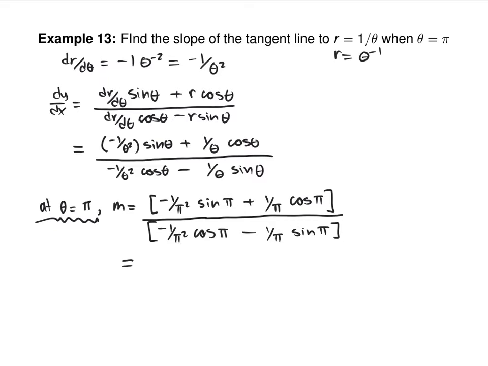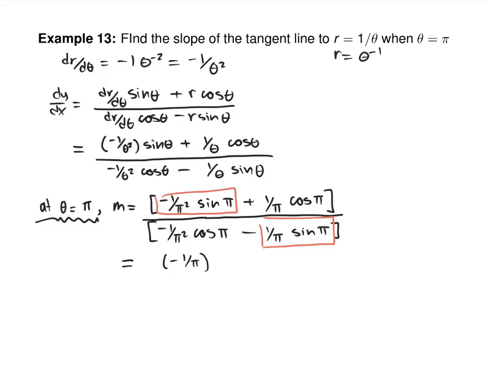Okay, are they okay with how I got that formula? You can show less work if you want, because it's pretty obvious that certain pieces in this expression are going to be 0, right? In particular, which pieces are 0? The ones that involve sines. This part is 0, and this part is 0, right? So what we end up with in our numerator is negative 1 over pi. You buy that?